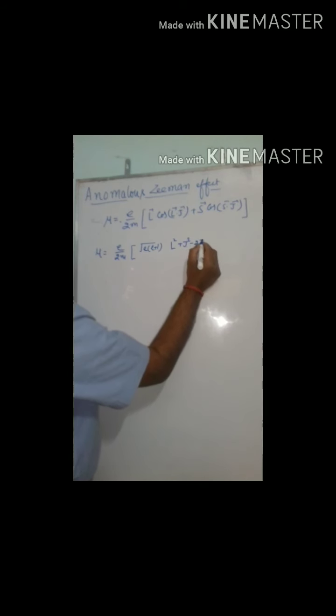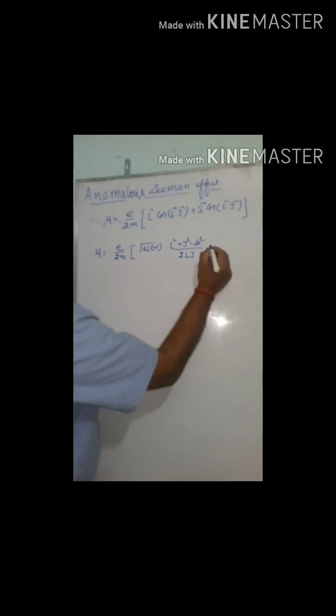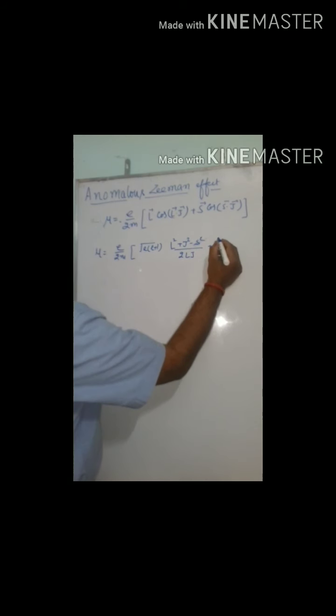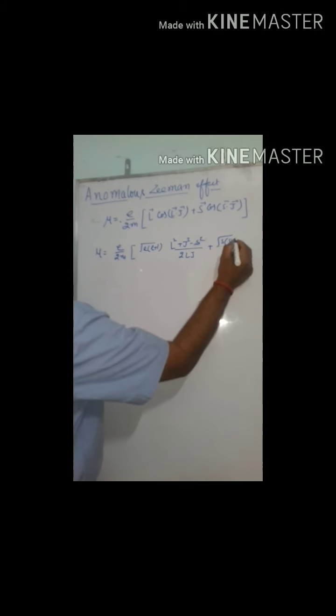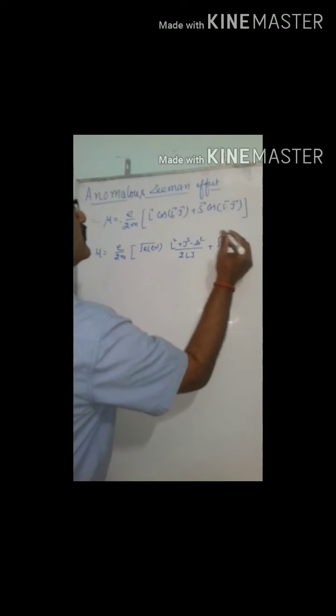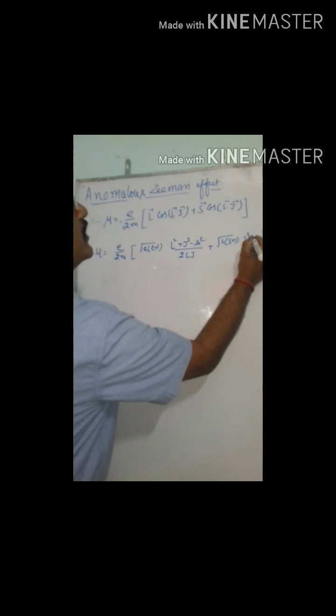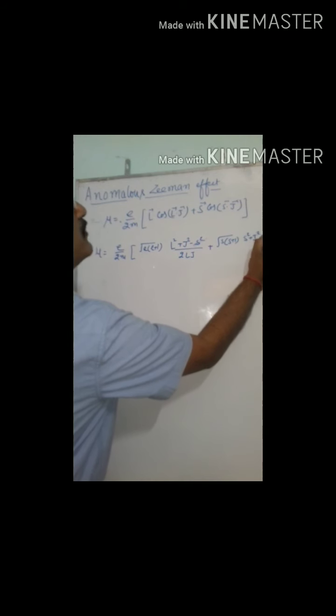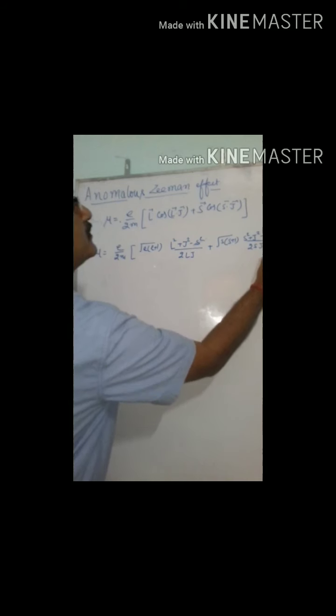Cos of LJ is L square plus J square minus S square upon 2LJ, plus the square root of S into S plus 1 into cos of SJ. Cos of SJ will be S square plus J square minus L square upon 2SJ.